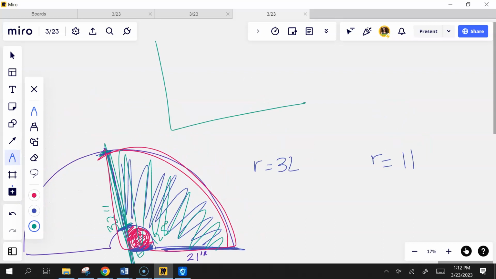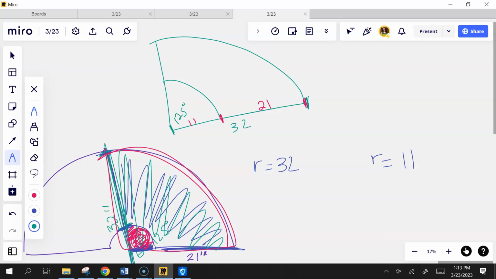Let me draw it like this. This is 32. This whole thing is 32, right? From here to here is 21, which means this is 11. Agreed? This angle's not changing. This angle is 125 regardless.